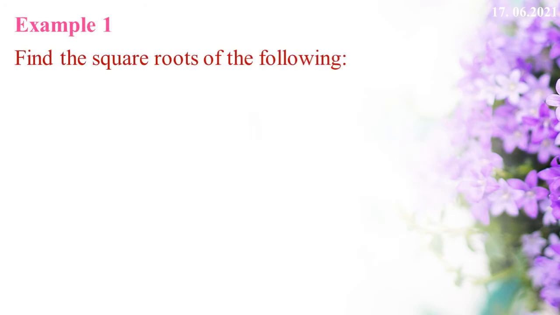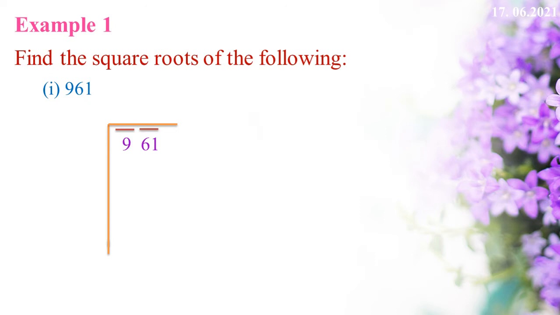Let's see an example problem. Now we are going to learn how to find the square root of 961 using the long division method. Here 961 is the dividend. First, we should mark off the digits in pairs starting from the units digit. Each pair and the remaining one digit, if any, is called a period.